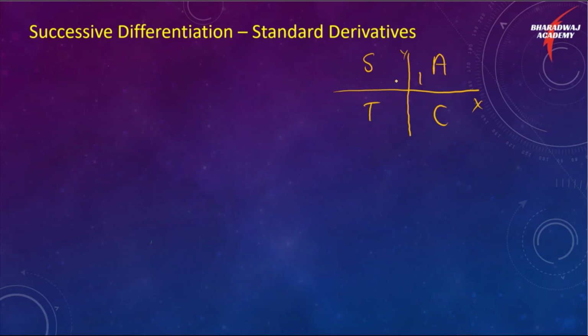In the second quadrant, only sine remains positive. In the third quadrant, tan remains positive. In the fourth quadrant, only cos values remain positive.